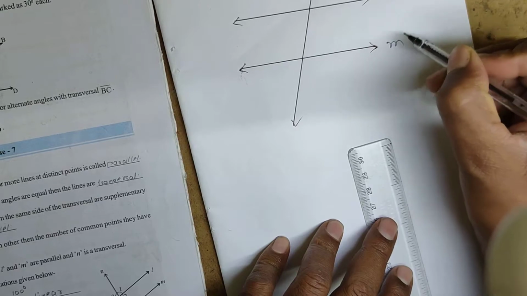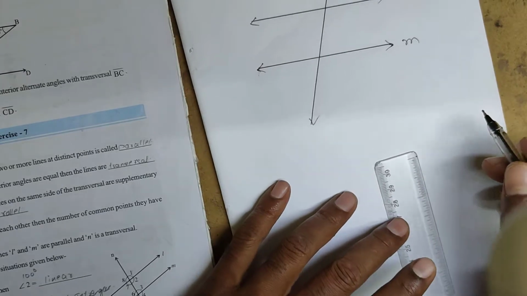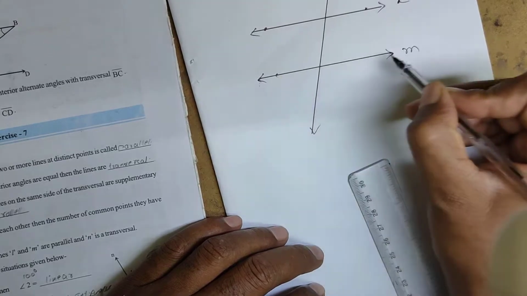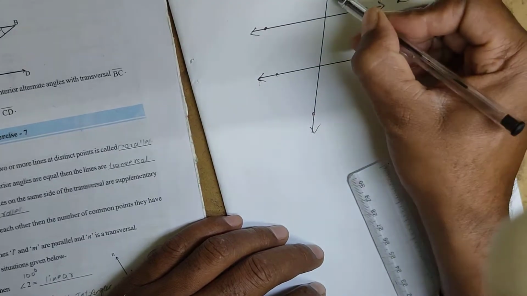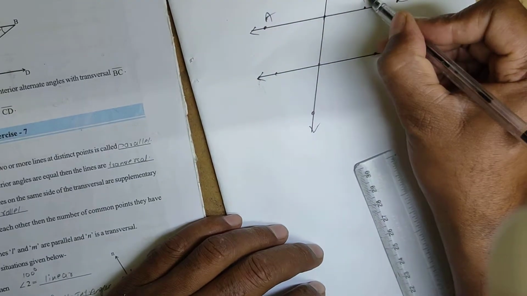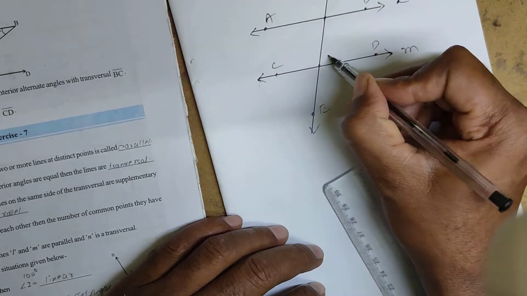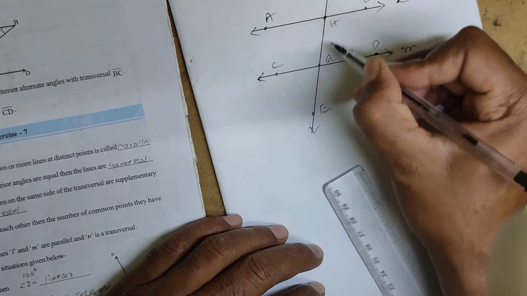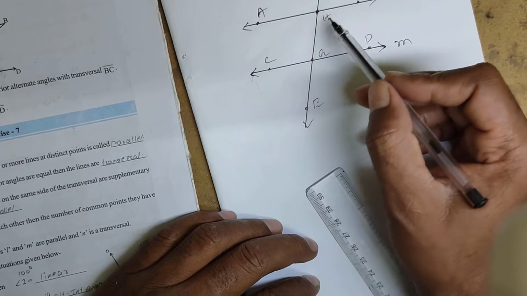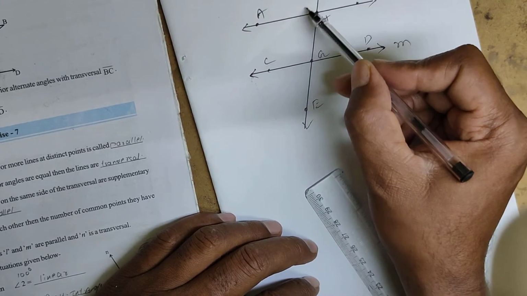L, M, N. If you want to denote points, what you have to do is A, B, C, D, E, F, G, H. I'm writing here A, B, C, D, E, F, G, H. Every point I denoted with a capital letter. Why did I denote the points? You can write the angle here. Angle AHF, if I say, this angle will come.